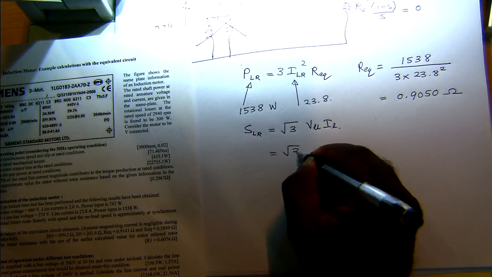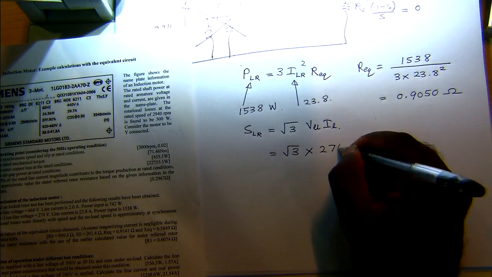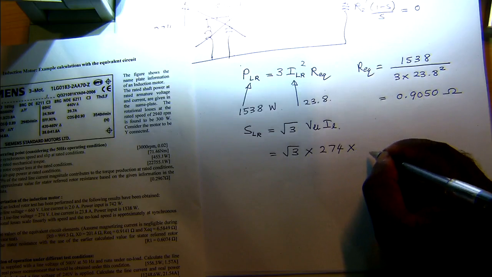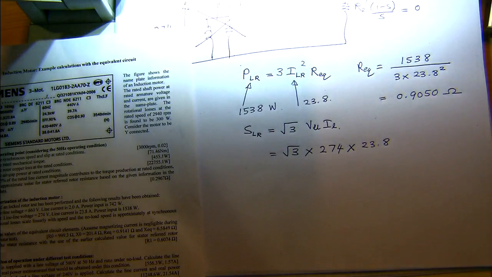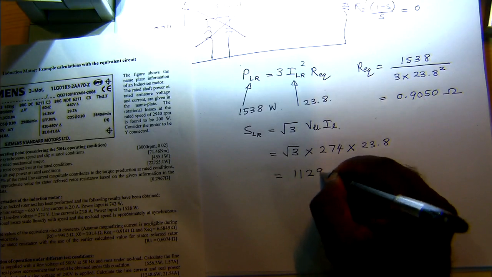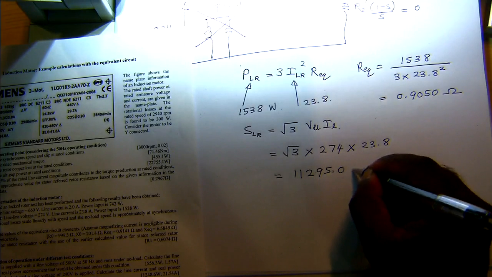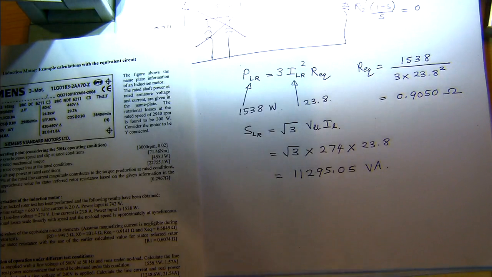And then we have √3 times line-to-line voltage of 274 times 23.8. And you have 11295 volt ampere. That's the apparent power.